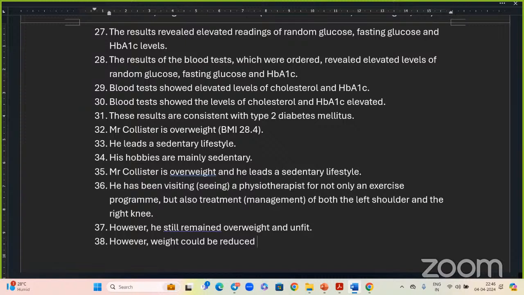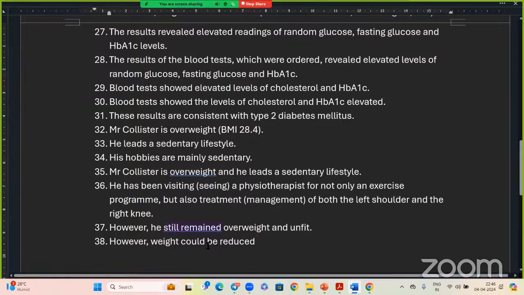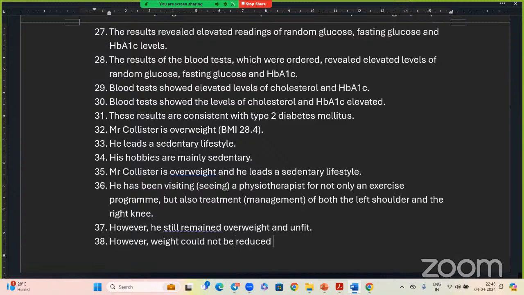However, weight reduction was not possible. Or you can say there was no significant weight reduction.